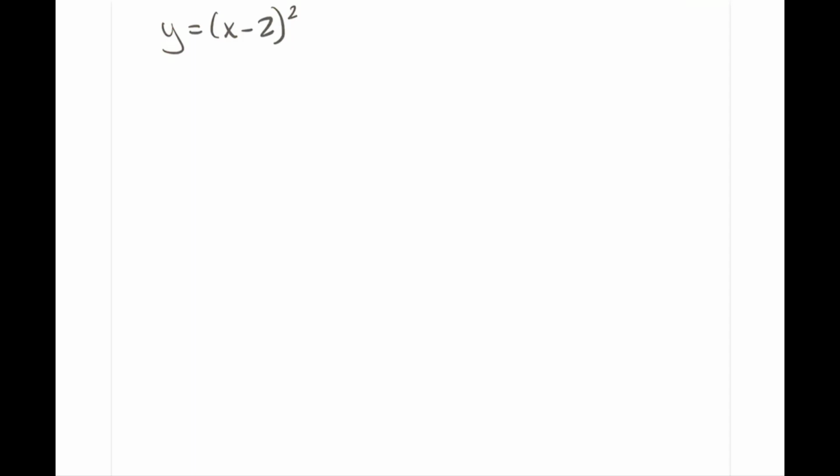So let's start off with a table. Let's say we have an XY table. We're going to randomly pick some values for x. Let's say we start with -2. That means I'm going to take -2, which is my x value, and input that in for my x.